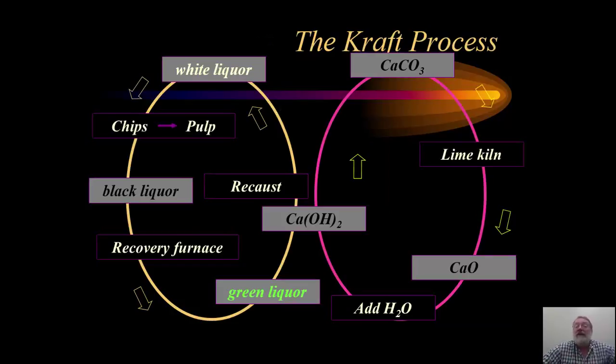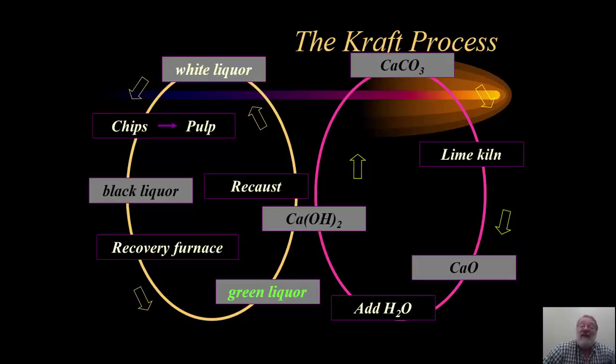I eventually go through the whole plant and show how a craft pulp mill is actually two big closed recycling loops that interact with each other. It's a very good industrial design. More industries should have closed process loops. So we just talked about the white liquor, black liquor, green liquor loop.